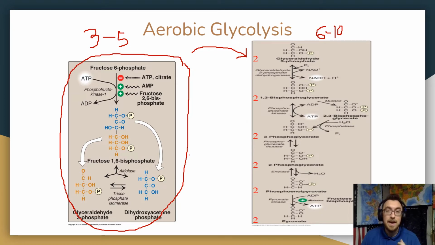Next, the high energy phosphate group is transferred to ADP by phosphoglycerate kinase, resulting in 3-phosphoglycerate and ATP. This is the first substrate level phosphorylation of glycolysis.